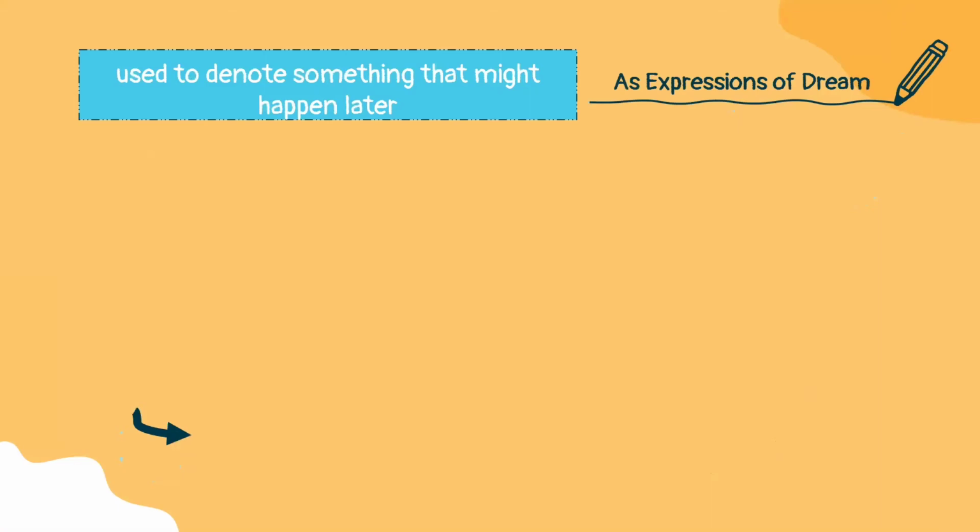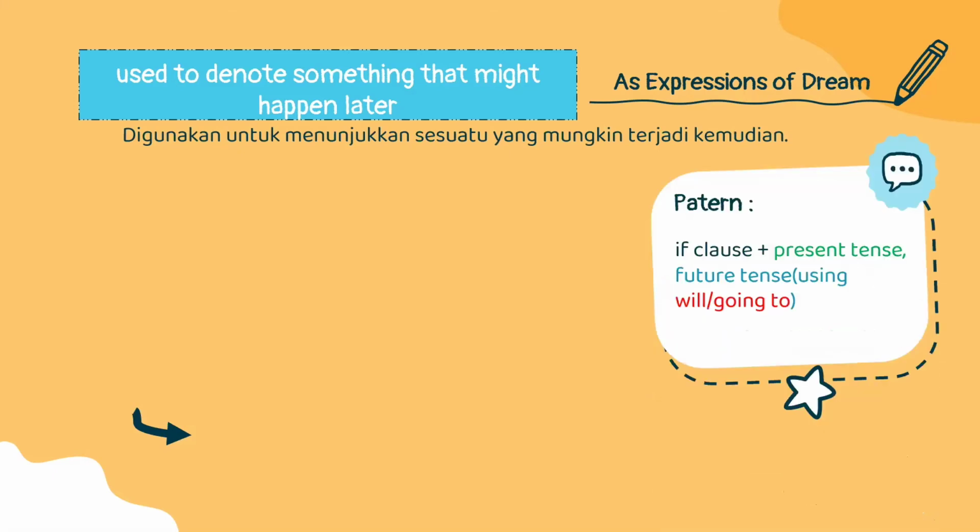Okay. Next, as expression of dream. Used to denote something that might happen later. Digunakan untuk menunjukkan sesuatu yang mungkin terjadi kemudian. With pattern, if clause plus present tense, future tense using will or going to.